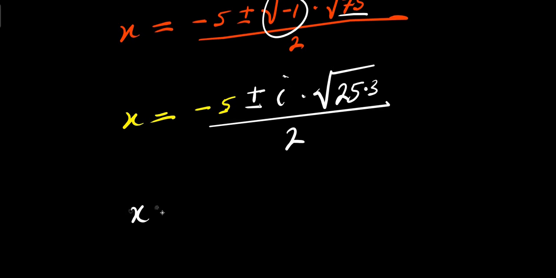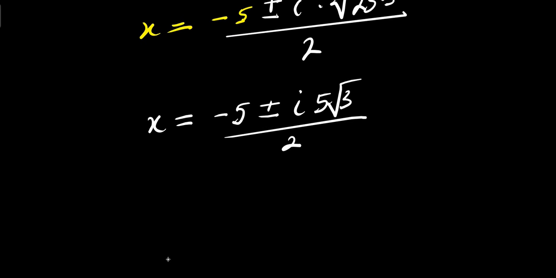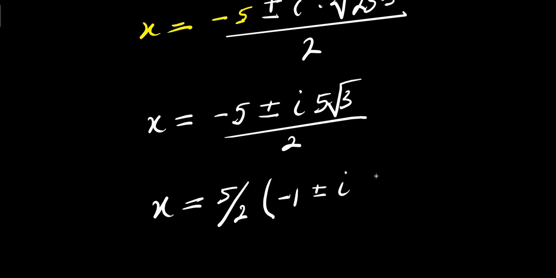From here, we have x equals negative 5 plus or minus i times square root of 25, that is 5 root 3, divided by 2. So from here, we can factor out 5 divided by 2. We have x equals 5 divided by 2 times negative 1 plus or minus i times root 3.